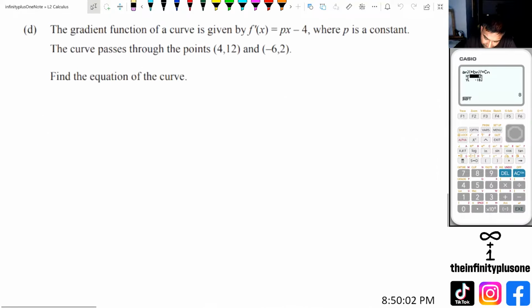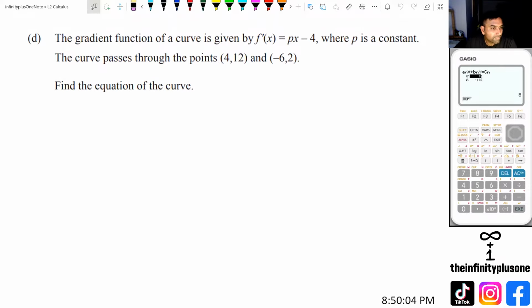There it is. 2020, 18. Let's try 18. It's kind of tricky trying to find similar type of Excellence questions. Oh, wait. No, it's a tangent question.